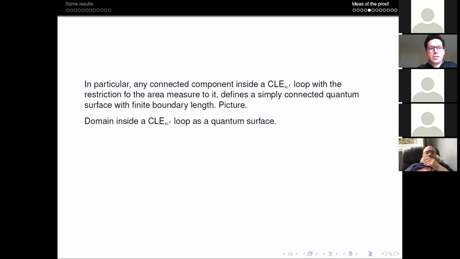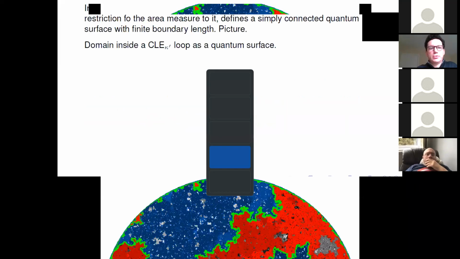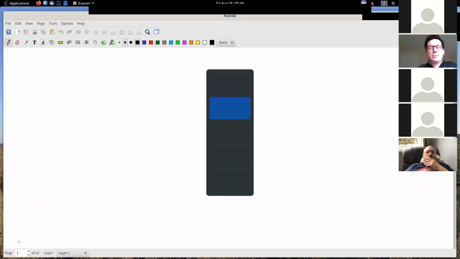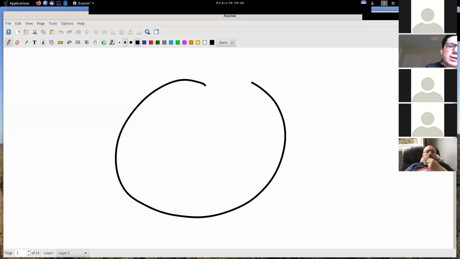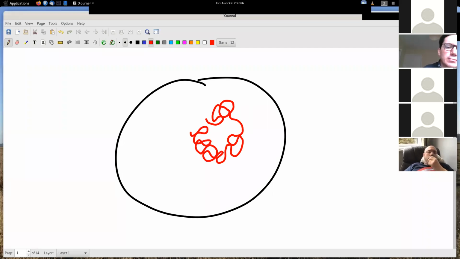Here, let me take my little pen and try to draw what I have in mind. So we have a domain D here. And inside the domain D, you sample a CLE kappa prime. So here I'm going to draw one of these CLE kappa prime loops. This is a loop which has double points, but no self-crossing.